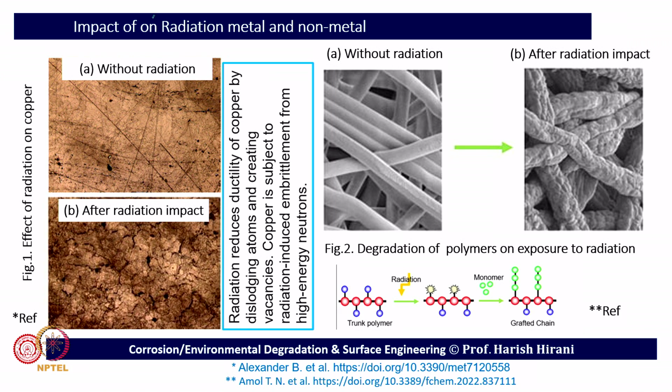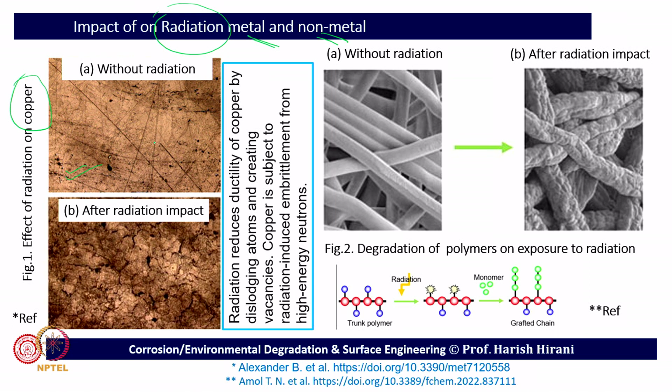This is an example of the radiation effect on a metal and a non-metal. The metal shown is copper, and copper is very susceptible to damage due to radiation. You can see here this microstructure is pretty smooth, while this microstructure has many cracks and boundaries, and it is severely impacted.